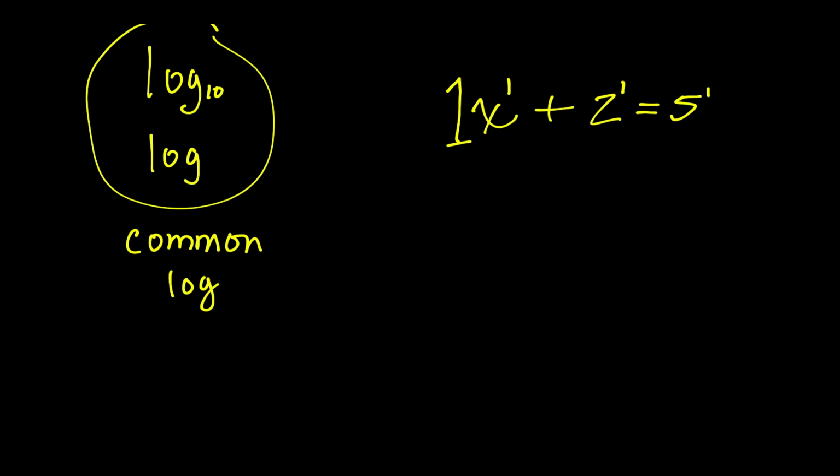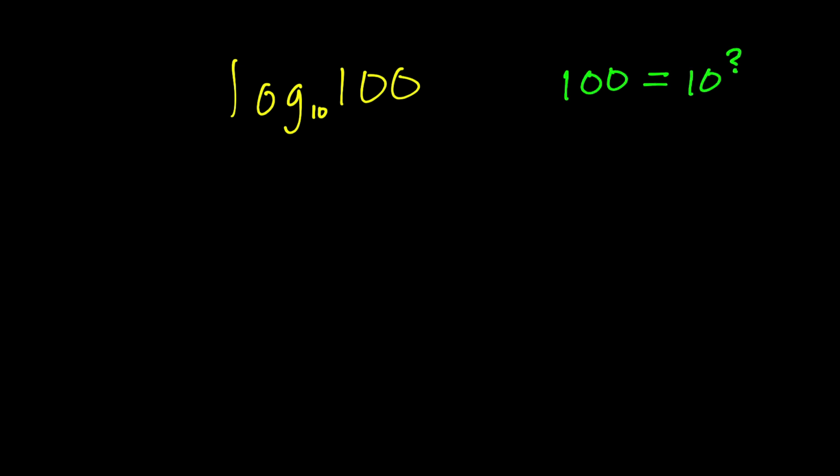So let's go to the next screen and we'll look at a couple of common logs. If I take the common log base 10 of 100, we know the answer to this one. I'll put the 10 in. What we want to know is 100 is equal to 10 to which exponent? We know that 10 squared is equal to 100.